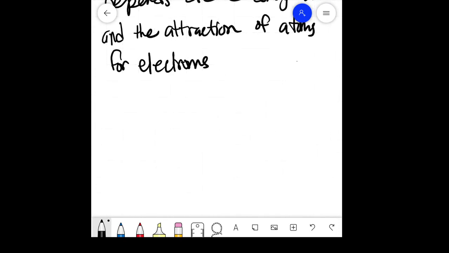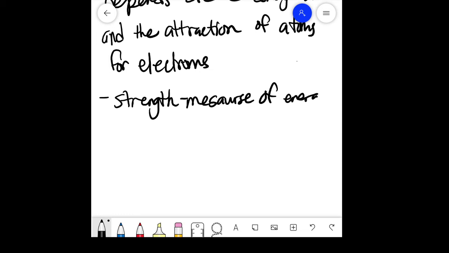So the strength of chemical bonds is the measure of energy needed to break the bond.